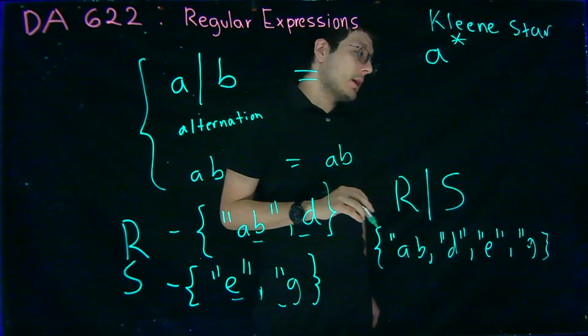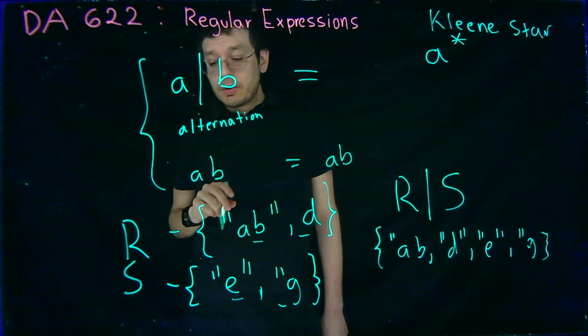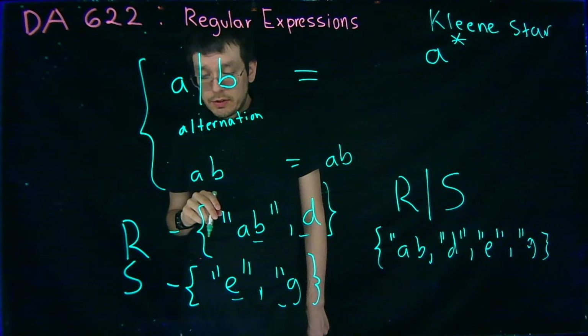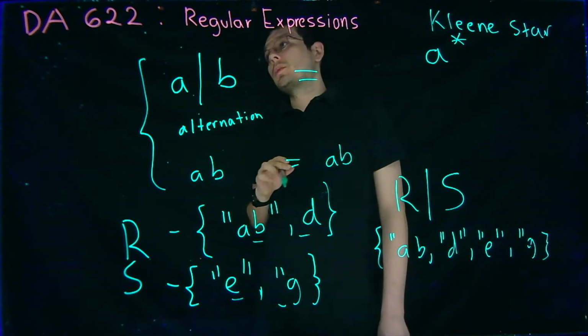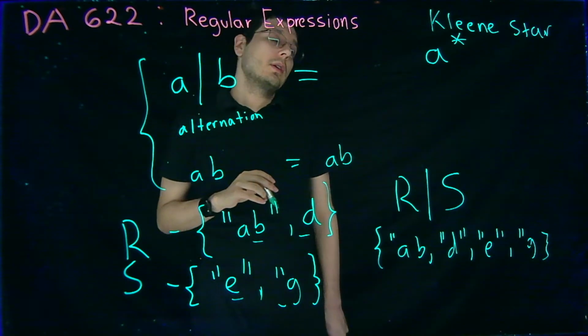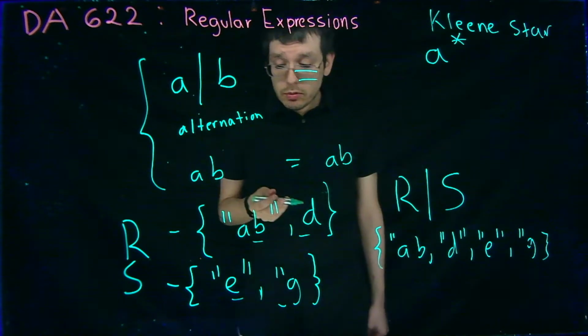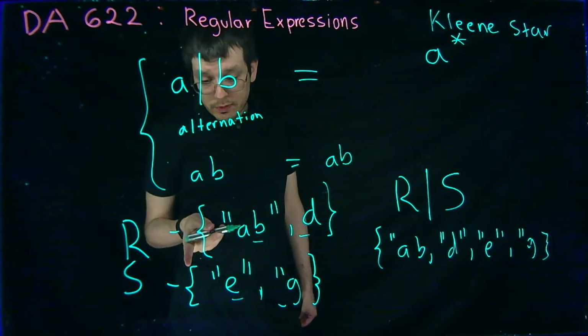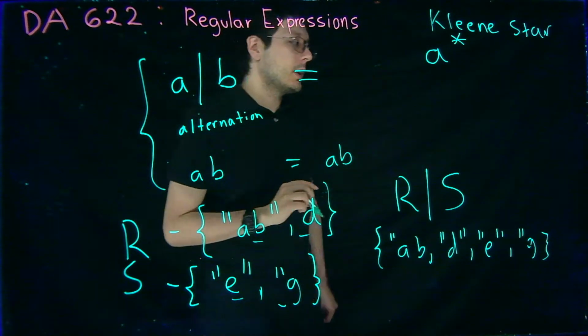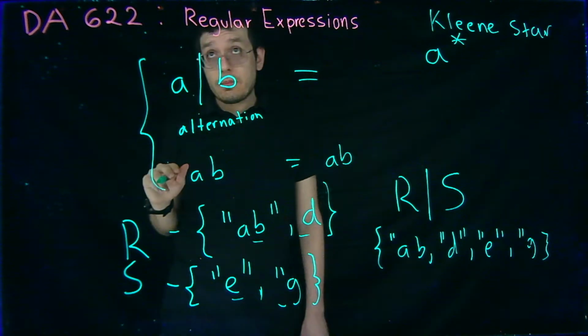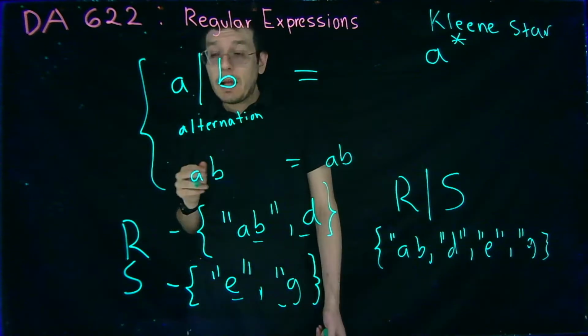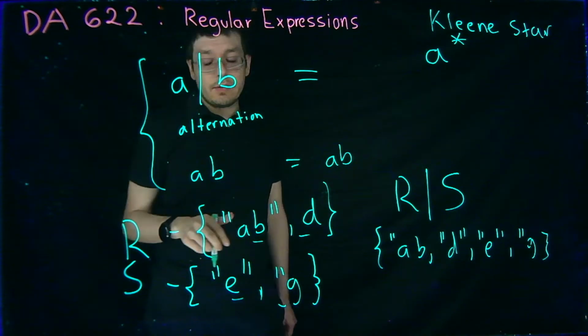In layman's terms, what the star is going to do is be any number of repetitions that you want. So it's kind of like a loop. However, that also includes, as you can see by the definition, the empty set. What is the empty set? The empty set, as the name implies, is when there's nothing inside.